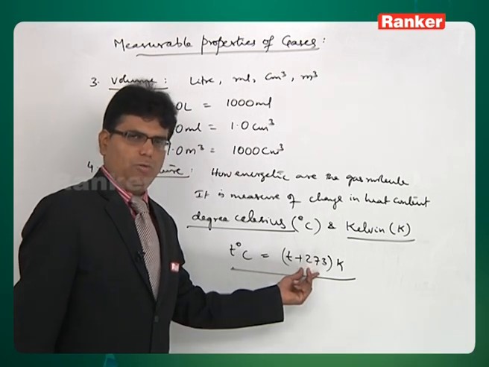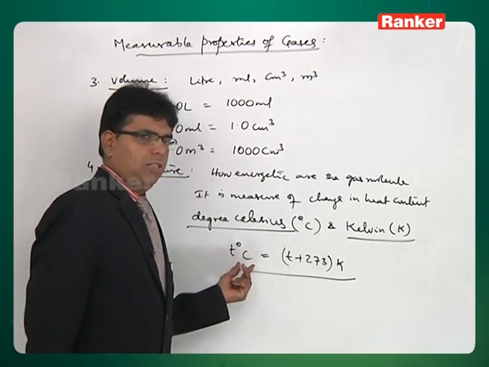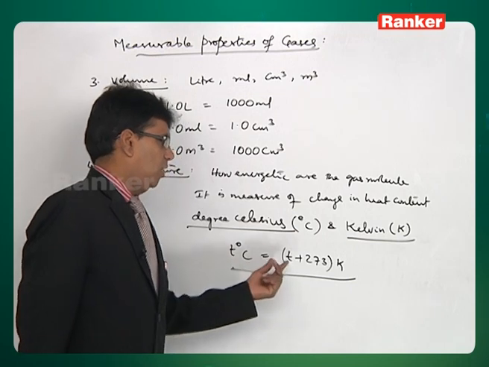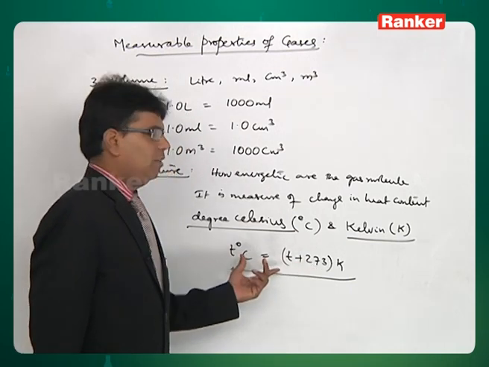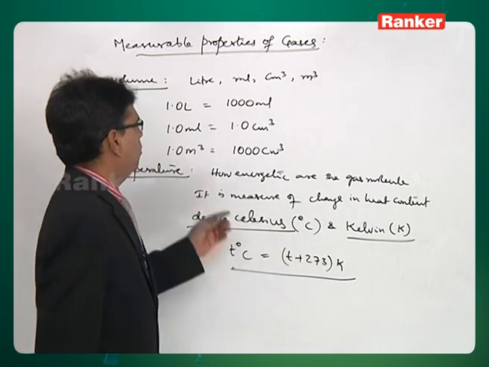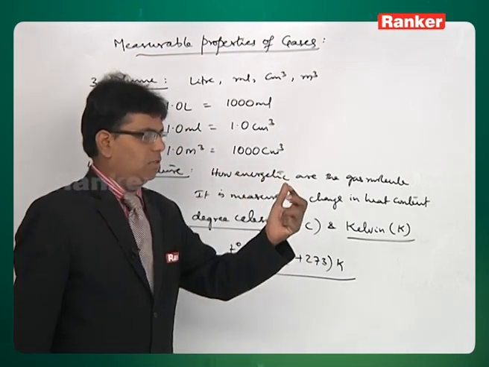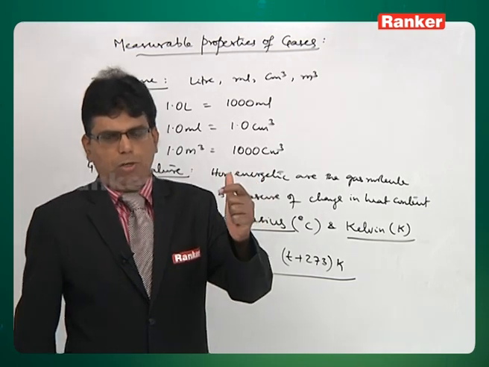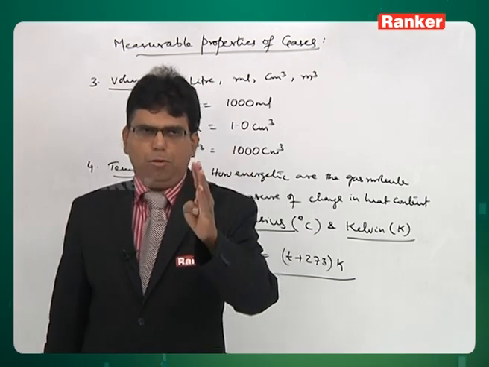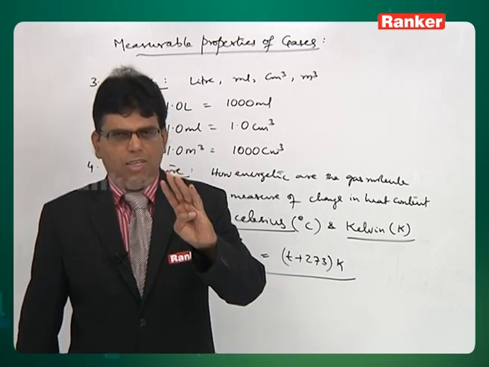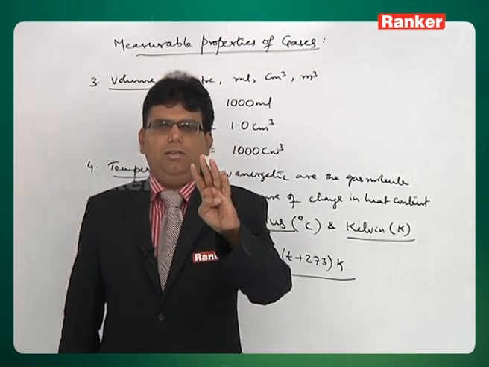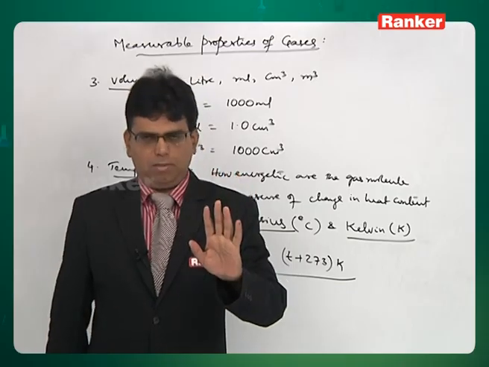If the temperature is given in degree Celsius, it has to be converted to Kelvin before solving the problem. So these are the basics: mass, pressure, volume, temperature. These are the 4 fundamental parameters required to define a gas.